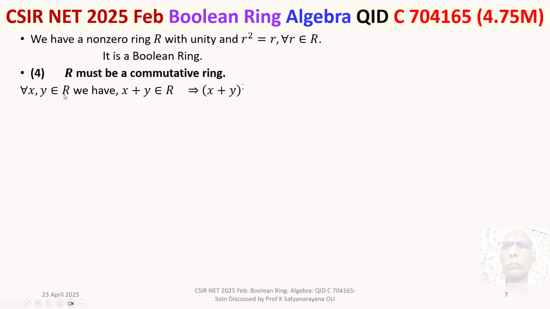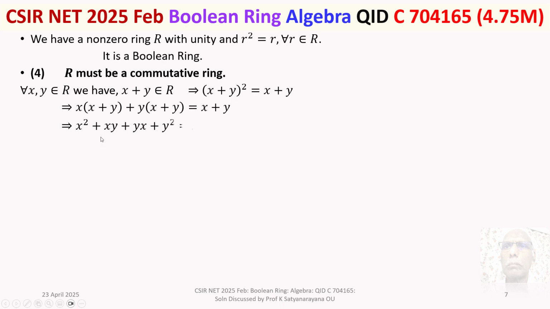For all x, y belongs to R, we have x plus y belongs to R. And because it is a Boolean ring, every element is idempotent. x plus y whole squared is equal to x plus y. So use the distributivity and multiply.